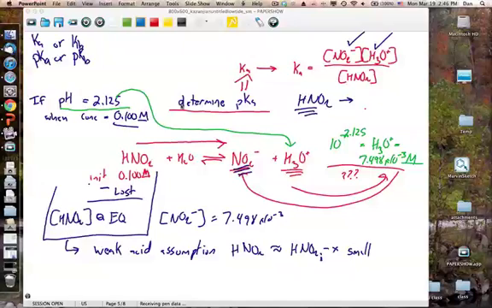So we can plug this value in and see how that works. Let's compare these two values. This is 1 times 10 to the minus 1. This is 7 times 10 to the minus 3rd. That looks like it's pretty close. We might be able to get away with it.